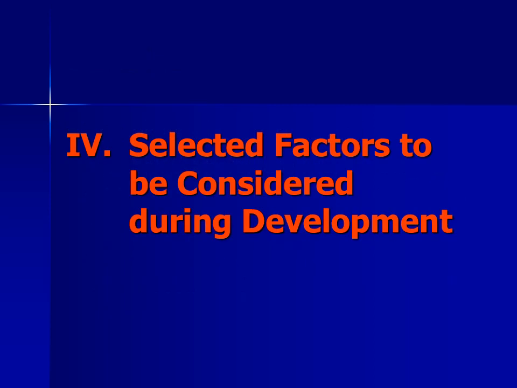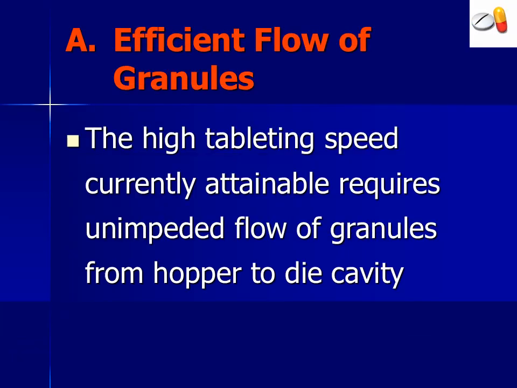So next we move on to selected factors to be considered during development. The first one is efficient flow of granules. For a perfect tablet to be manufactured, the foremost thing is efficient flow of granules. If you have seen the tablet compression machine, a hopper is there.